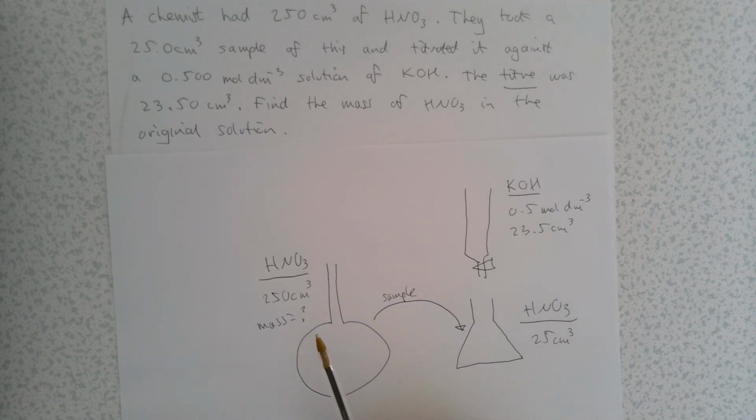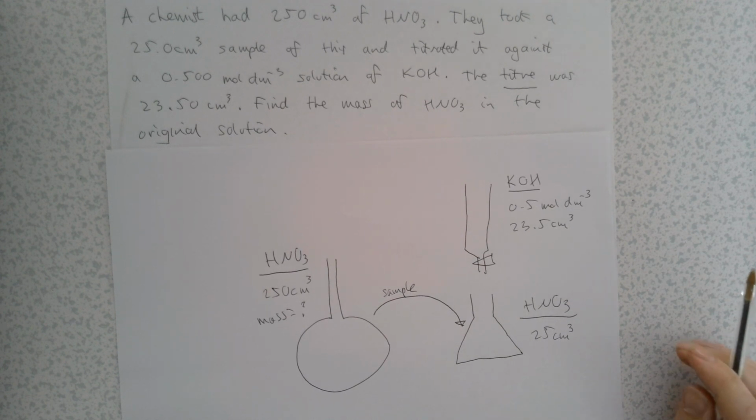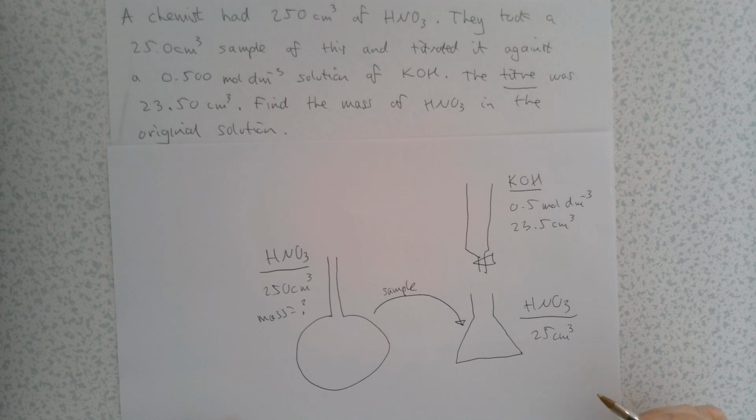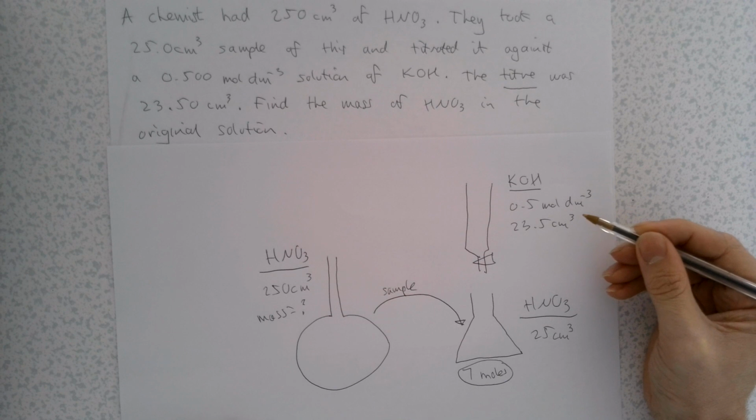We noticed in this previous question we had a sample, because look, we started with a large volume and we tipped out a smaller volume. How are you going to deal with this in a question? So just to use simple numbers, let's say you found out there was 7 moles of chemical in here. I know that isn't what the answer to this question is, but just to keep it simple.